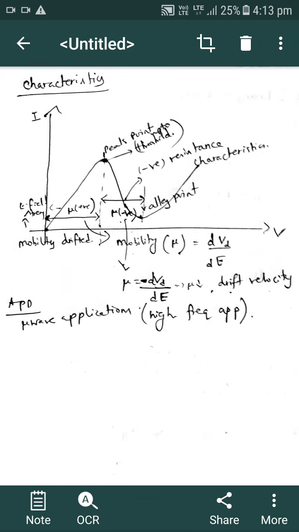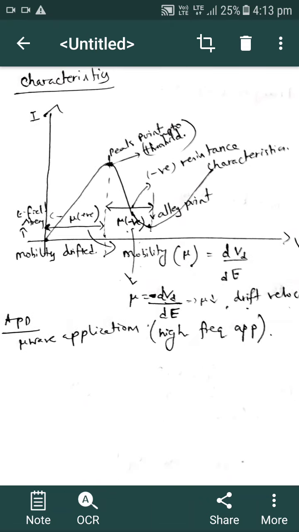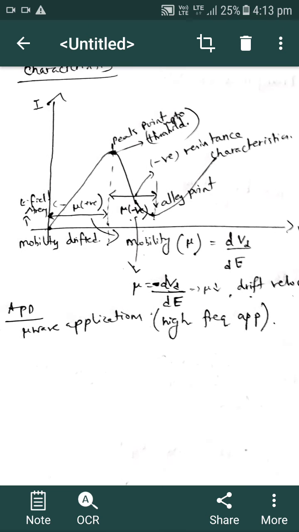When you see the characteristics of the Gunn diode in this graph, when the voltage increases, the current increases linearly up to the peak point, that is, the threshold value.